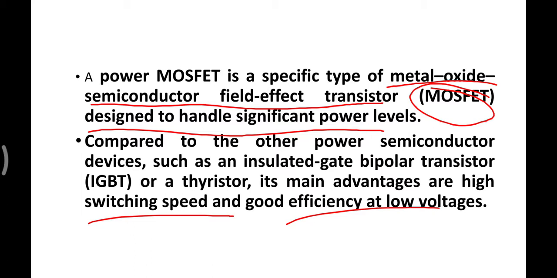MOSFET full form is metal oxide semiconductor field effect transistor, and it is designed for handling high power levels. Its main advantage is switching speed, and it has good efficiency at low voltages.